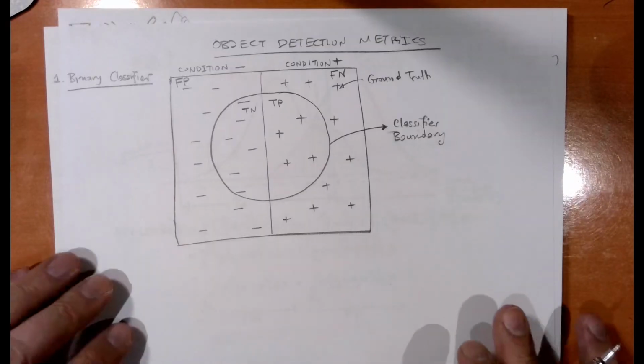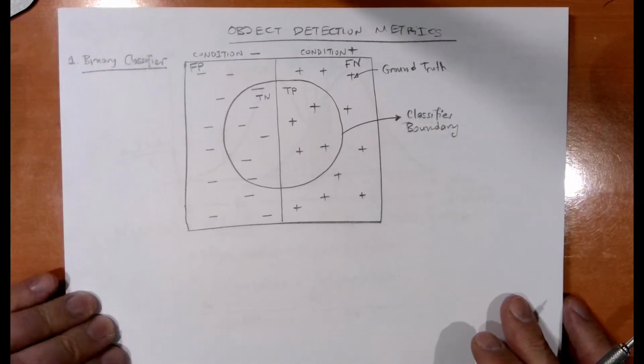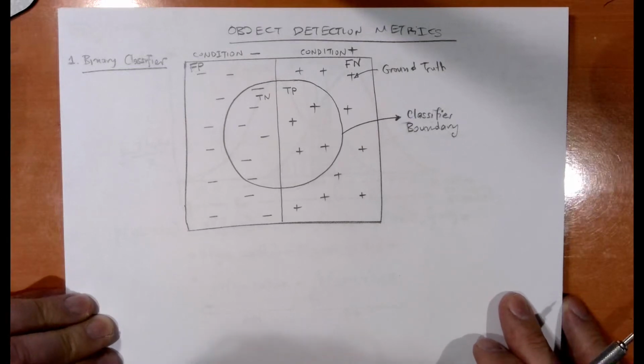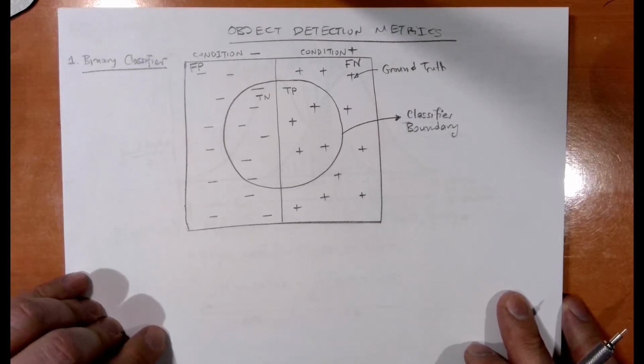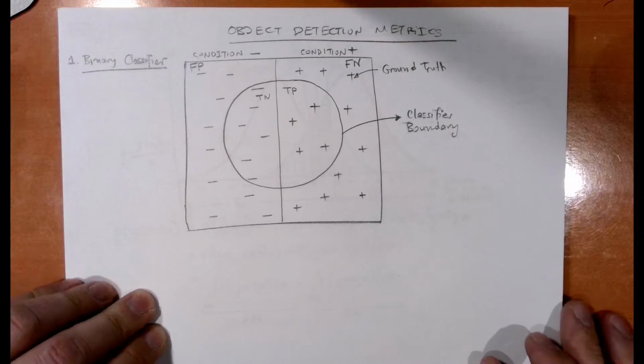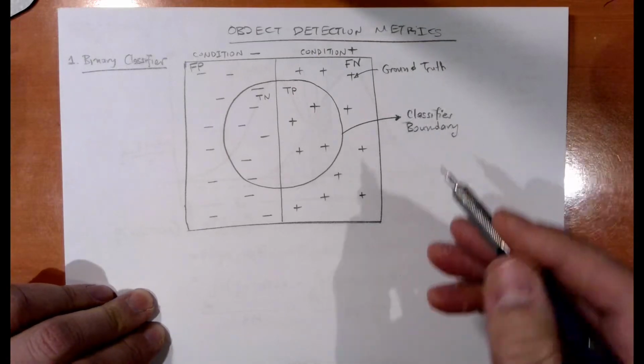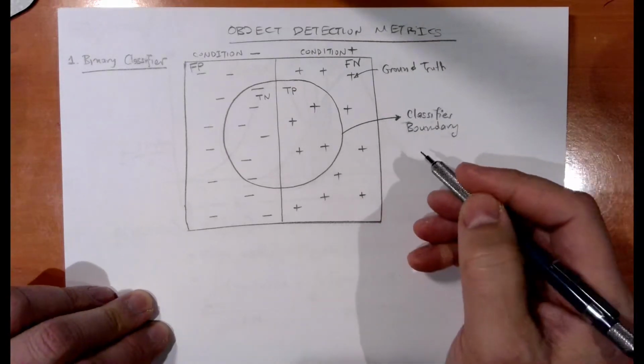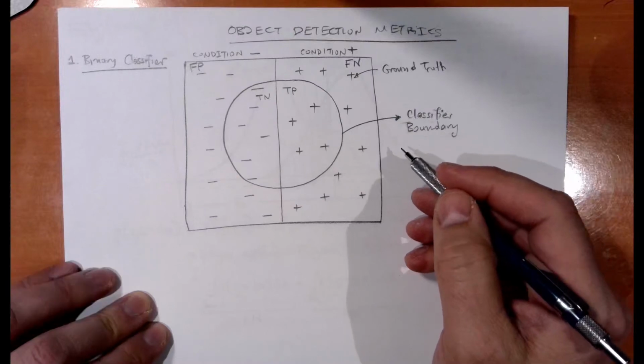And so by going back to this diagram over here, we can now start understanding how this classifier boundary can actually change. It will change by varying the threshold.